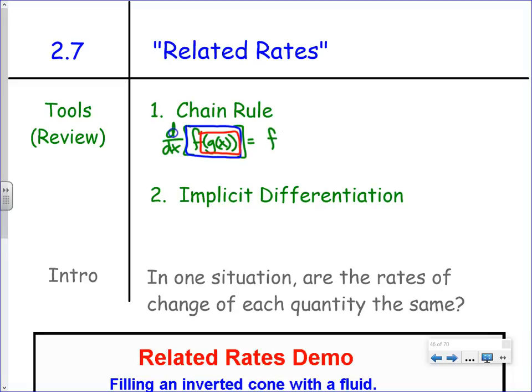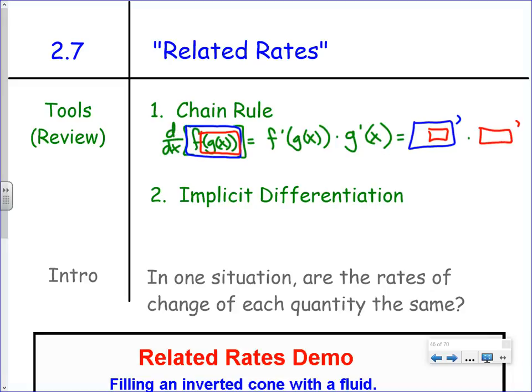You can say derivative of the outside, keeping the inside the same, times derivative of the inside. Or if you like it better, you can say outside box prime with inside still there times inside box prime. If you like the visual things.